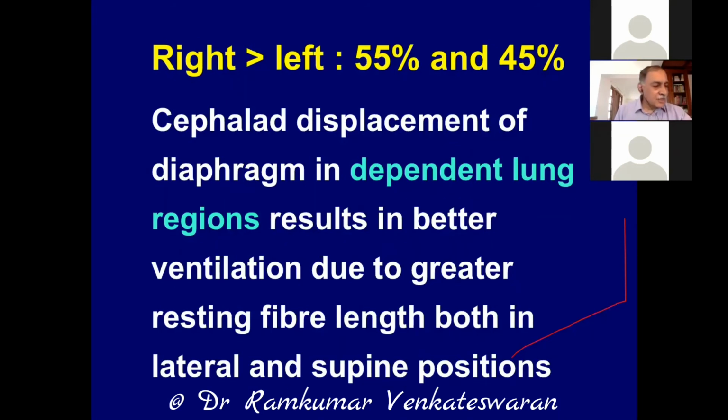Numbers also help us to understand concepts. So you can say that the right lung is contributing to about 55% of the total lung volume, whereas the left lung is contributing about 45%, together making up the 100%. So the right lung, in comparison to the left lung, occupies 55% versus 45% of the total lung volume.